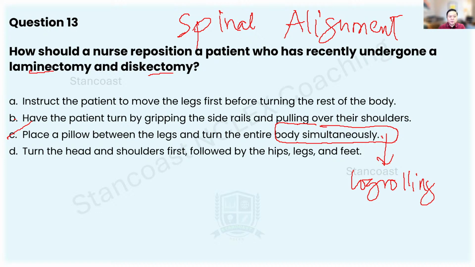So, with that pillow placement between the legs and turning them simultaneously, it will maintain alignment. So let's have that: spinal alignment is maintained. What else? It prevents twisting.